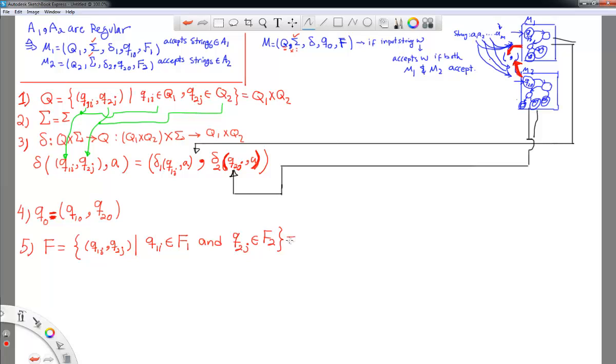Another way to write this is that since this is Q sub 1i from F sub 1, Q sub 2j from F sub 2, this is equivalent to F sub 1 cross product F sub 2.